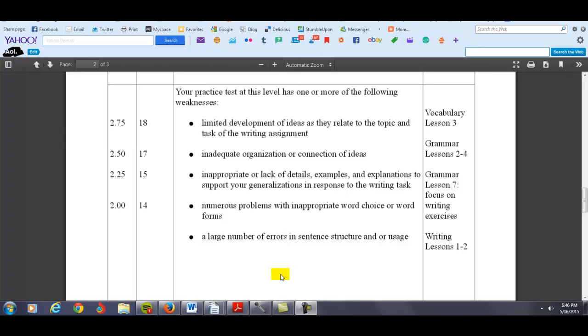You weren't able to do that in your introduction. That means you need to do more practice with writing practice tests, I think, at my website, and that's going to help get you ready for the final exam. So I recommend do 4 to 6 writing practice tests over the next few weeks to help get your writing skills to a higher level.